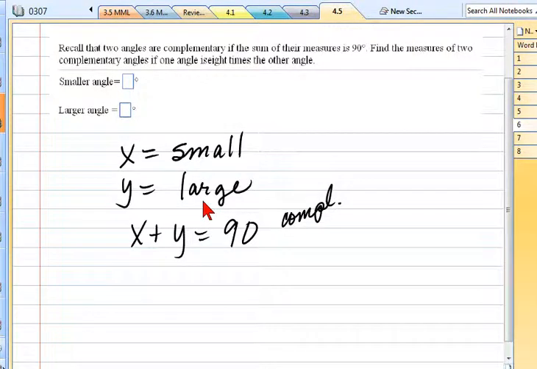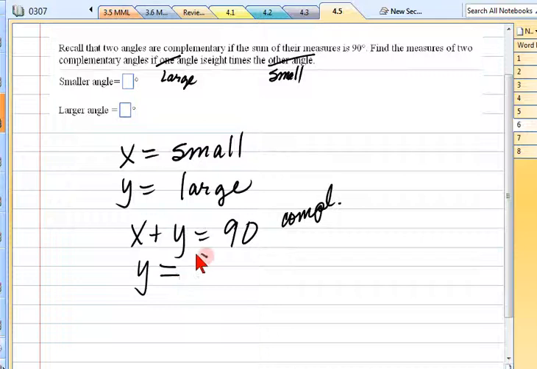Which one is 8 times the other? The large. So I'm going to go up here and where it says 1, I'm going to write the word large. The large angle is 8 times the small angle. So Y is 8 times X.